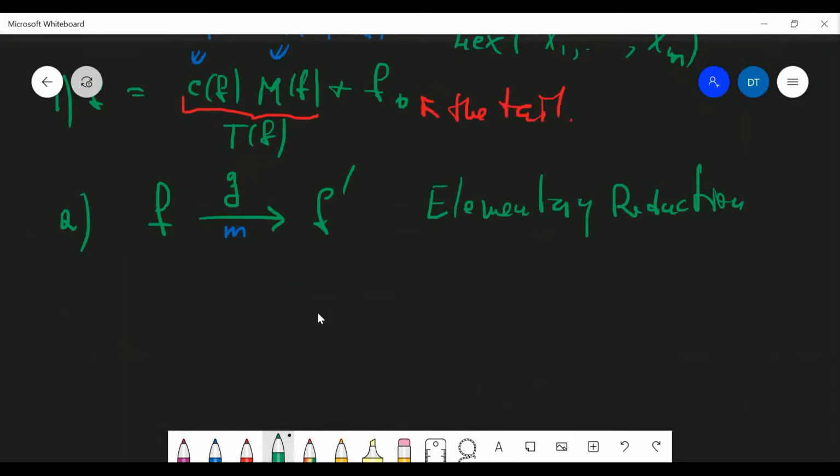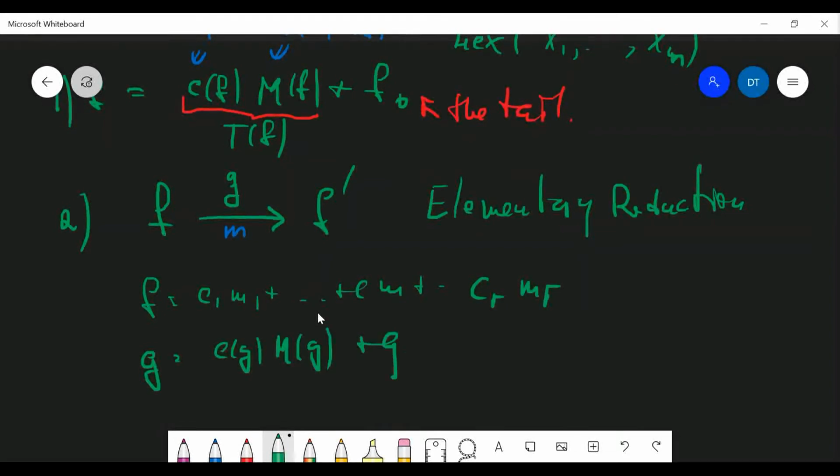For example, if your f has the form something plus c_m m plus something plus c_r m_r, and the polynomial g is c_g m_g plus g_0, and m_g divides m, then if you want to specify that exactly this summand was reduced by the leading term, you may write this monomial here under the line.